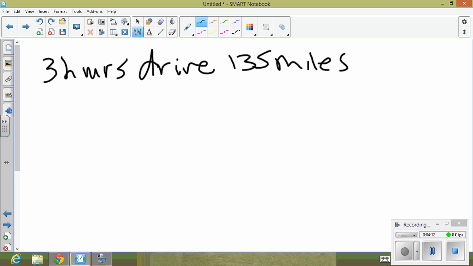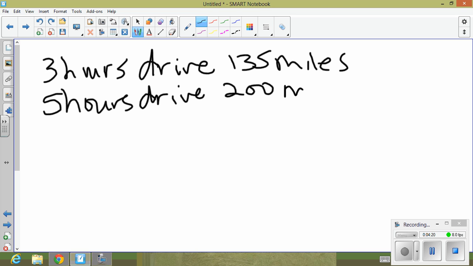Okay, the next day, it takes me 5 hours to drive 200 miles. So what we want to do to compare these is set up a proportion. Okay, and I know, like I showed you in the previous example, there's other ways we can solve, but proportions is what I'm trying to make sure that we understand. We're trying to show a relationship.